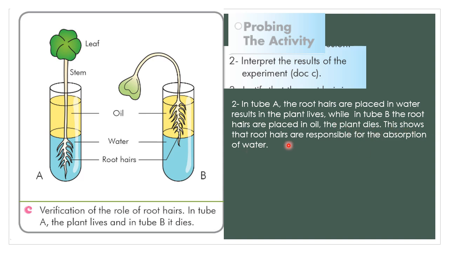This shows, this is the conclusion, that root hairs are responsible for the absorption of water. When we want to interpret, we analyze and then we write a specific conclusion.